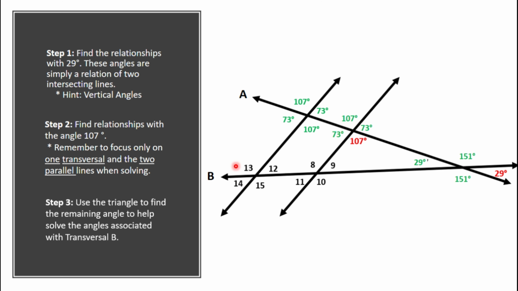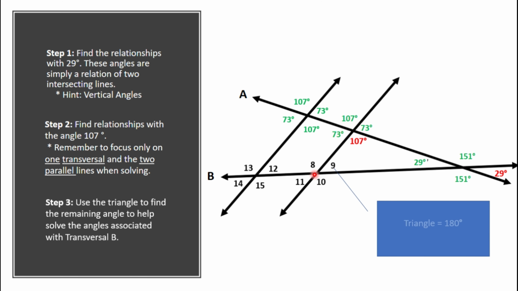We know that we can solve the rest of the angles with this angle because it is in fact a part of a triangle. And we know that a triangle is always equal to 180 degrees. So let's go ahead and solve that. 180 degrees subtracted by 29 subtracted by 107 degrees would give us the remaining angle, which is 44 degrees.